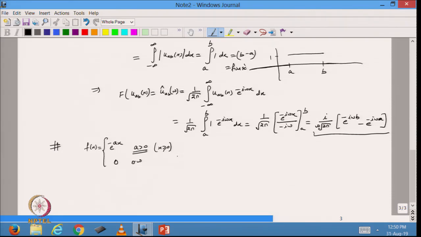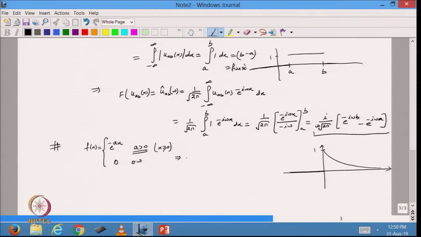If you check this function, when x is less than 0, its value is 0, and when x equals 0, its value will be 1. So, suppose this is my 1, and as x is increasing, the value will be decreasing. This function will look like this and keep going like this.